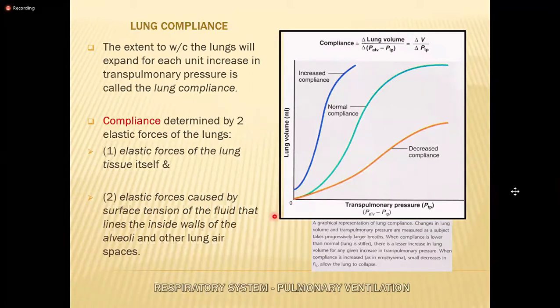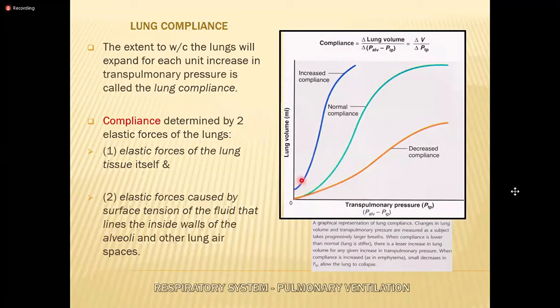This is an illustration of your lung compliance. Lung volume against your transpulmonary pressure. This is your normal. When you say you have decreased compliance, what happens to your lungs? That means your lungs are stiff, okay?